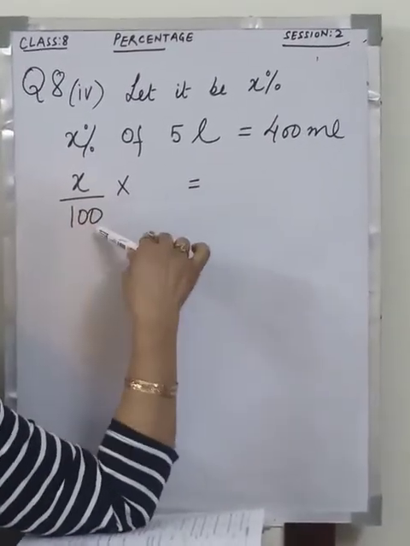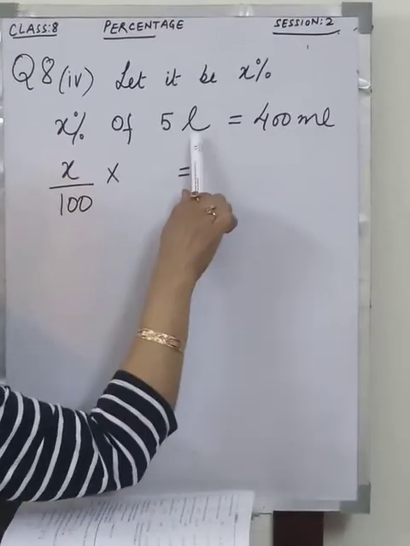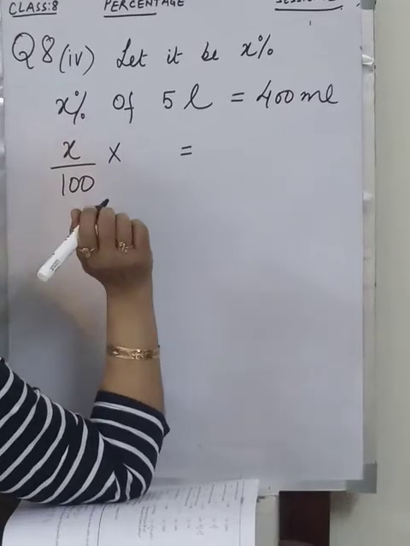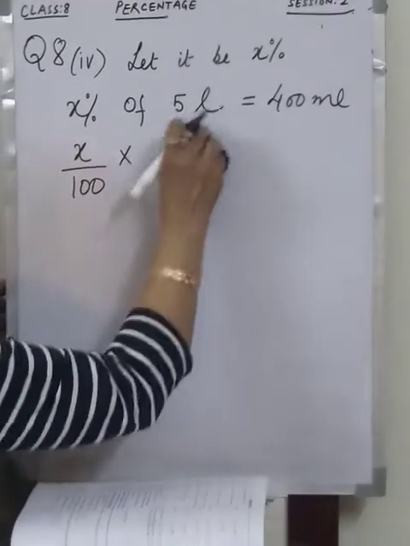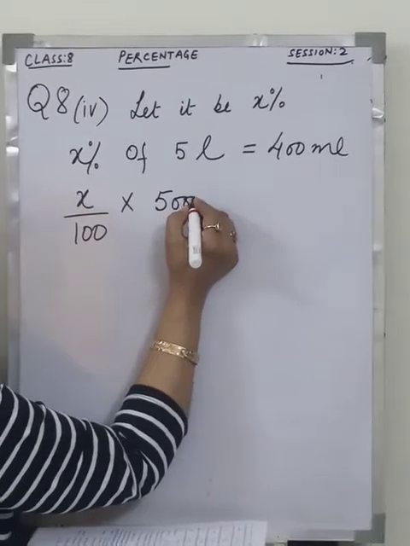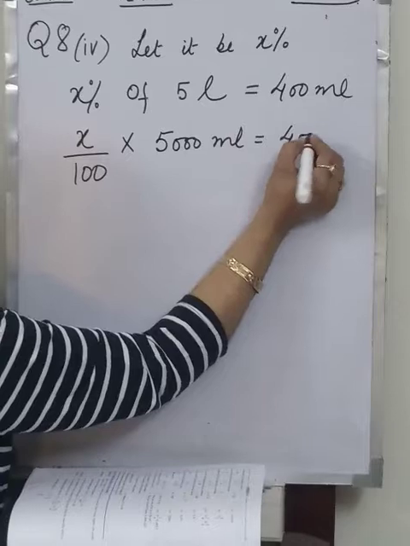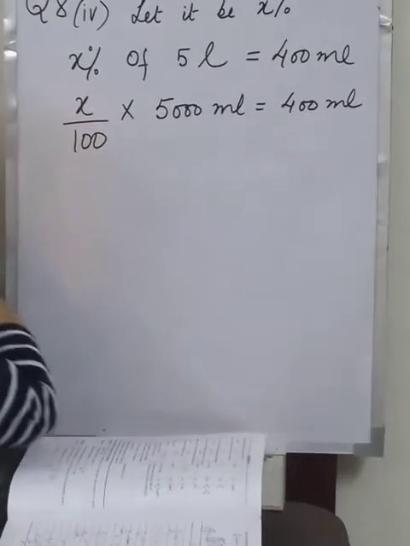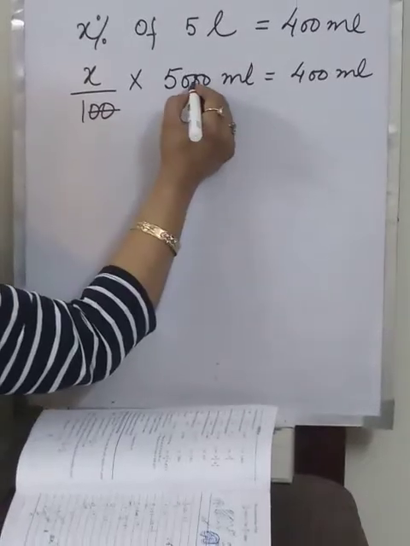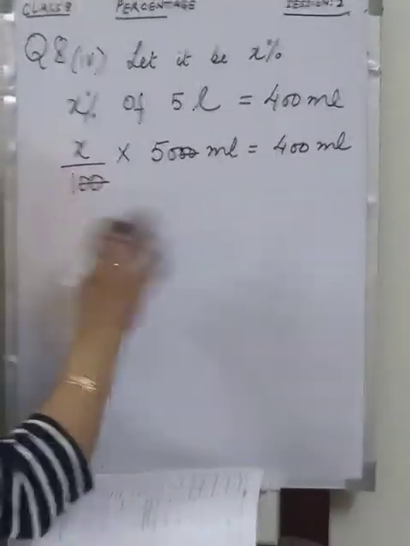X percent means x upon 100 of 5 liters. Here we have milliliter, here we have liter, so I convert liter into milliliter. We know very well 1 liter has how many milliliters? 1000. So I write 5000 milliliters is equal to 400 milliliters. Now 0 0 gets cancelled, milliliter milliliter gets cancelled, we do not write it out, it's understood.